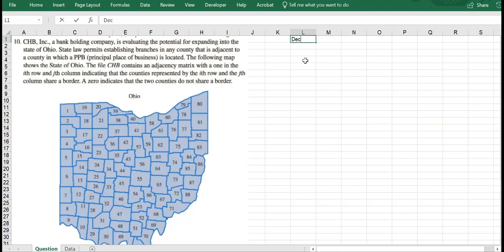So the decision variables. Like we already talked about, they want to know in which county to open a principal place of business.